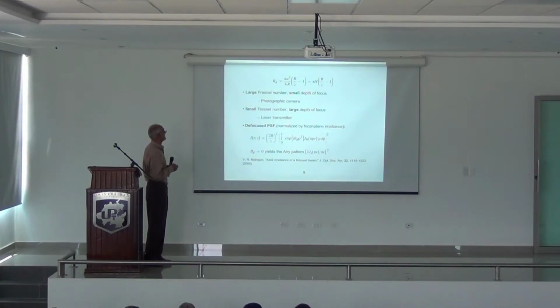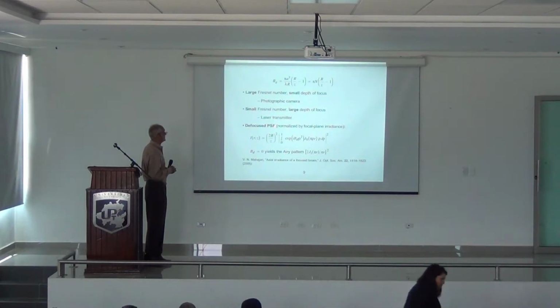Large Fresnel number, small depth of focus. That's the example of a photographic camera, and I'll give a numerical example in a minute. Small Fresnel number, large depth of focus. That's the example of a laser transmitter, and we'll consider that example.